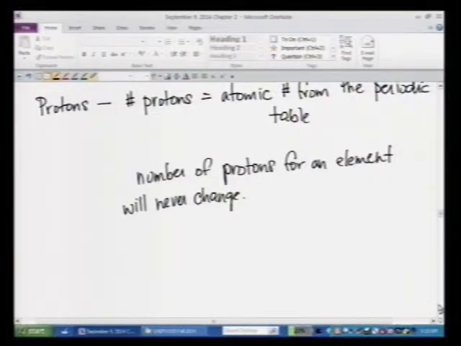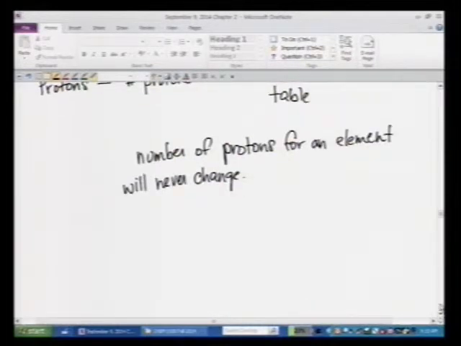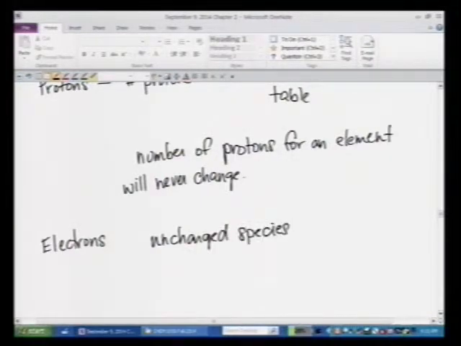There's no calculations involved. If we were to do electrons, okay, for electrons now we have two different scenarios. We can have an uncharged species, which would be as written from the periodic table. So that would be something like sodium on its own.